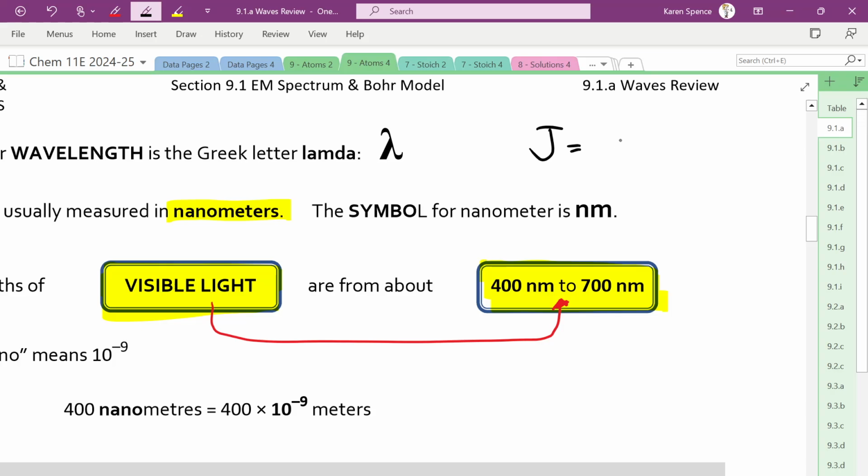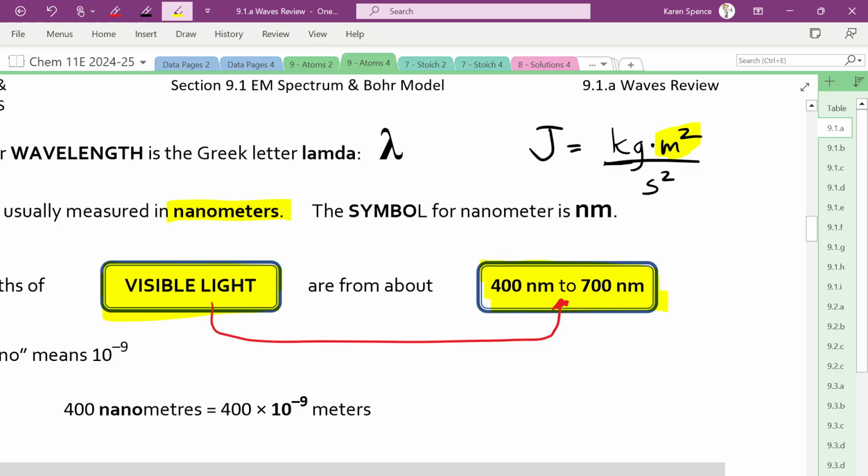A joule is a kilogram meter squared per second squared. Okay? And what that means is that if I am working with joules, I cannot be working in nanometers. I must be working in regular meters.